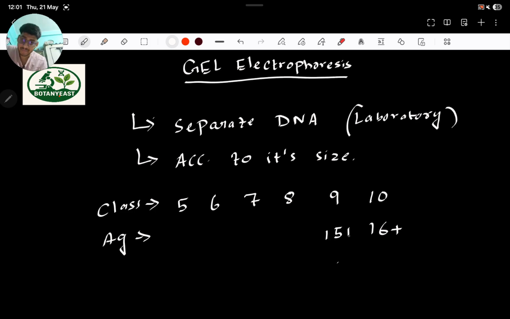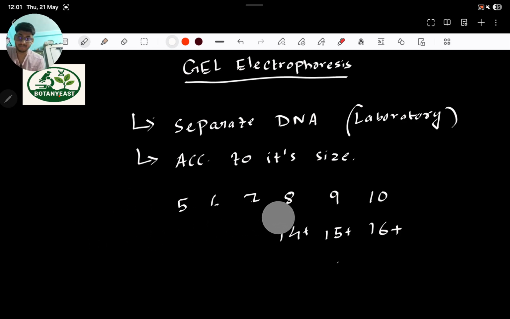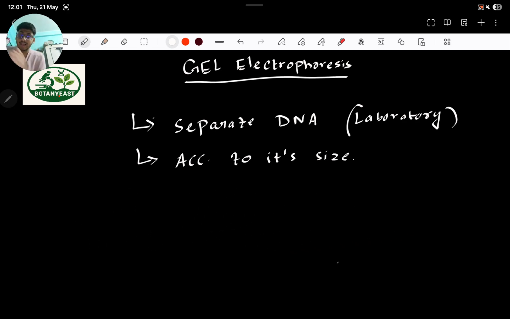If someone is approximately 15 years, he will be in class 9. If he is 14 years of age, he will be in class 8, like that. Similarly, in gel, the DNA separation occurs according to its size. Remember it.